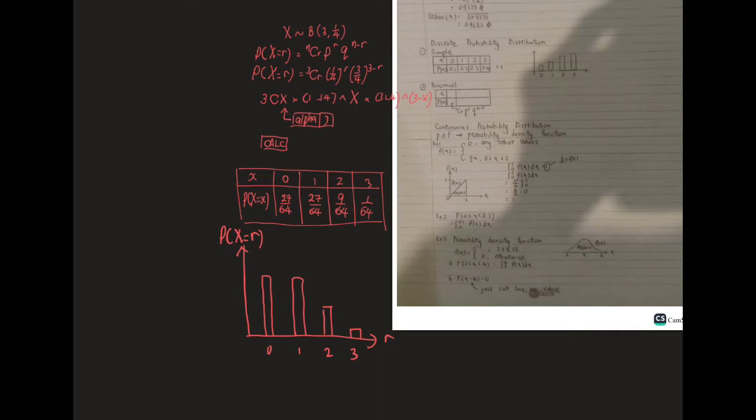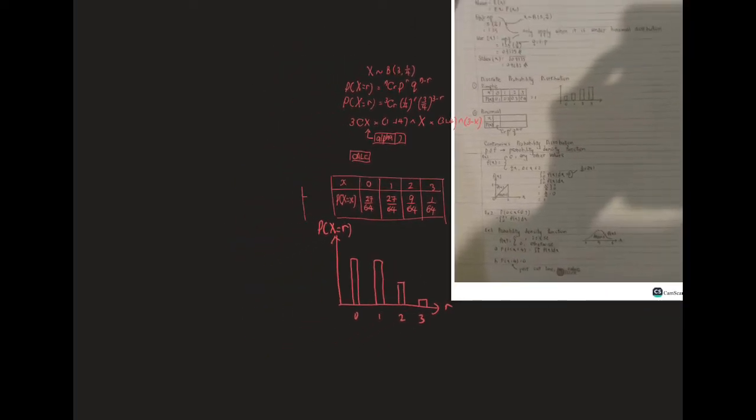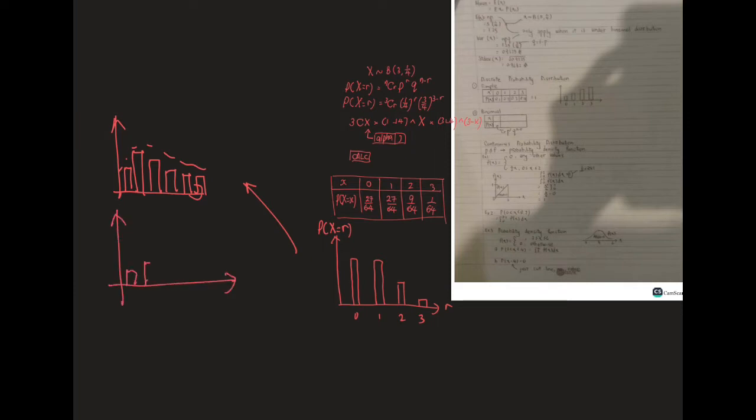So this is the binomial distribution. In general, a binomial distribution graph is either like this, something like this, or like this, or like this.